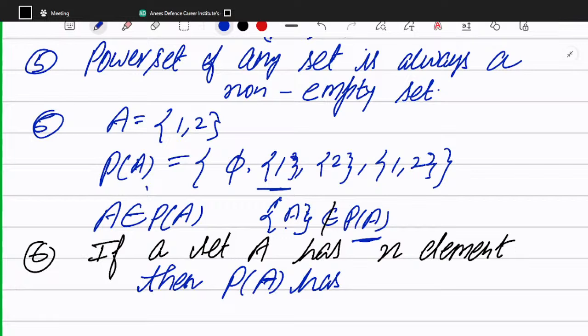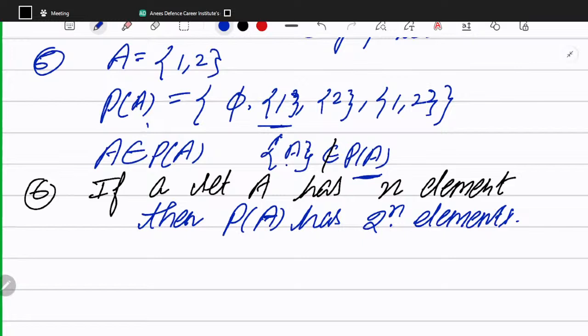If a set capital A has n elements, then PA has 2 raised to the power n elements.